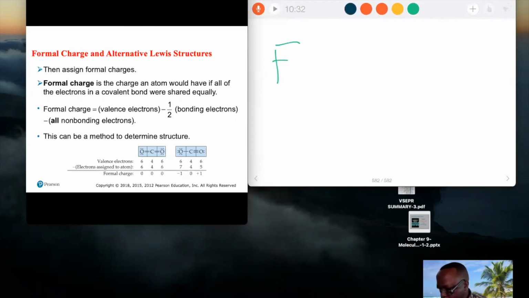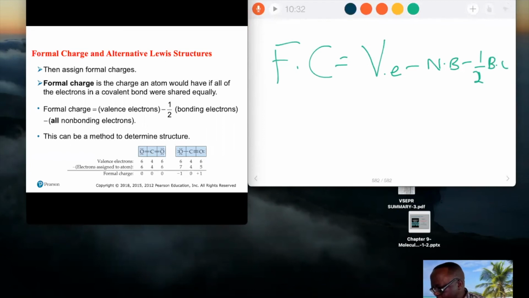First of all, formal charge is given by valence electrons minus non-bonding electrons minus half the bonding electrons. I've just rewritten this equation as a bullet point on the PowerPoint slide.